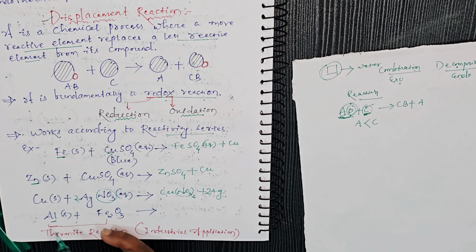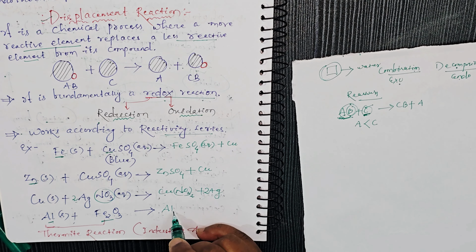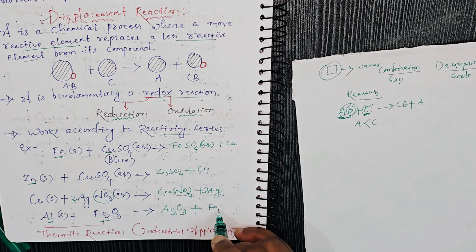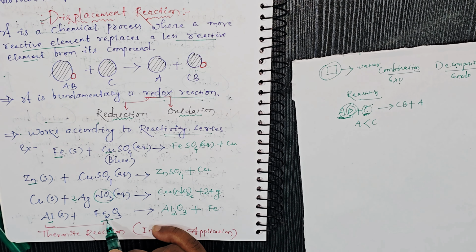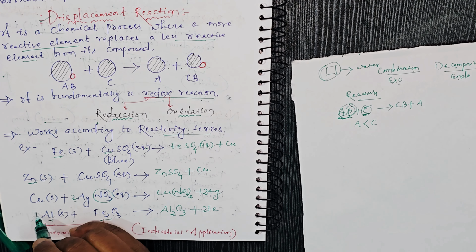Another example, aluminum plus iron oxide or ferric oxide gives rise to aluminum oxide, Al2O3, plus iron. Last step again balancing: 2 iron, 3 oxygen, 2 aluminum, 2 aluminum.